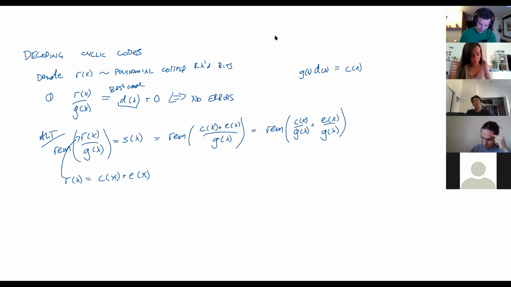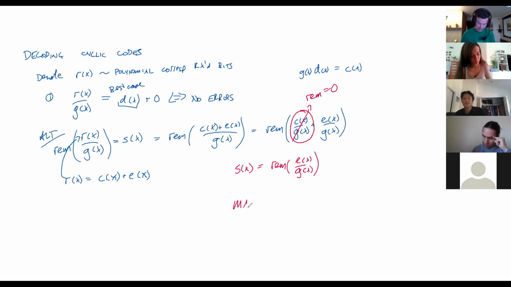But there will be no remainder from this operation. This, in terms of its remainder, is going to be 0. Because we constructed c by multiplying g by a polynomial, so there will be no remainder left over. So that means that the syndrome is strictly the remainder between e of x and g of x. And so this is a map between the syndrome that we can get from our incoming bits to the error vector.